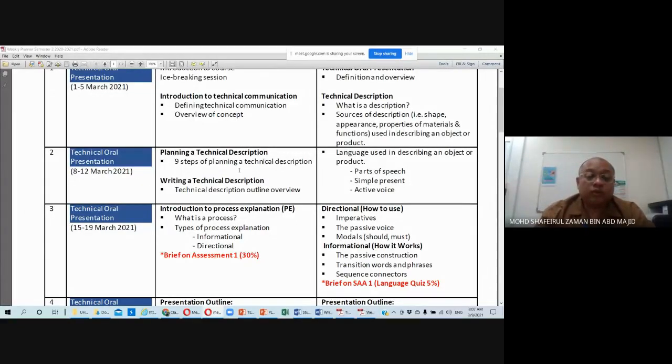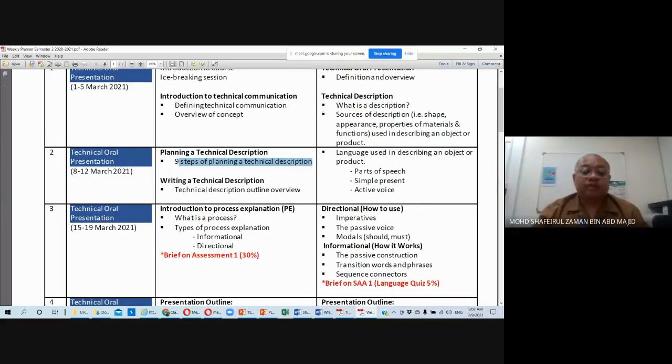In week two, we are going to have a look at planning a technical description, whereby we are going to look at the 9 steps of planning a technical description. These are the crucial steps that you need to take into consideration when you are planning a technical description.